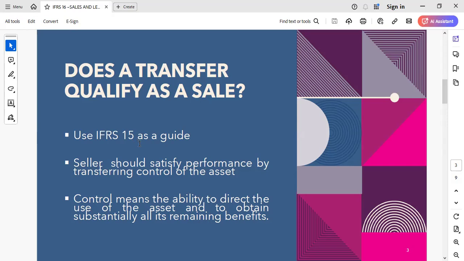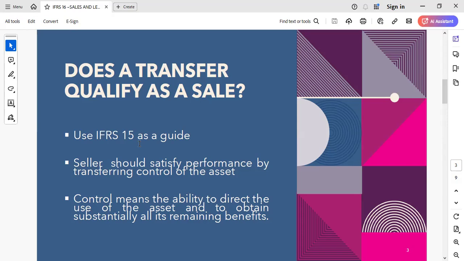IFRS 15 has about 5 steps which you use to determine if a sale has taken place. You look at the sales contract, the content of the contract between the seller and the buyer, and what the performance obligations are. You look at whether the performance obligation has been met and at which point we recognize revenue.